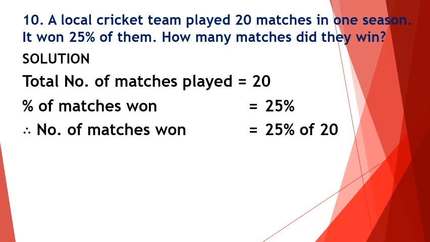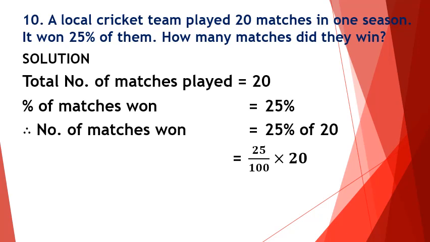So the number of matches won equal to 25% of the total matches played. That means 25% of 20. That can be written as 25 upon 100 into 20.